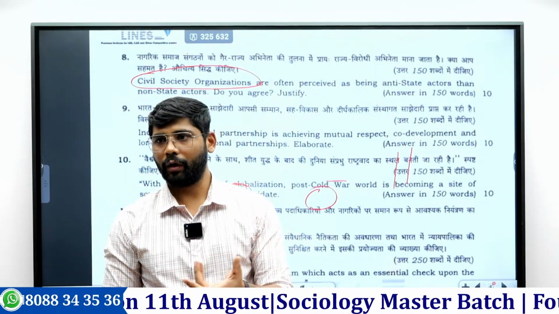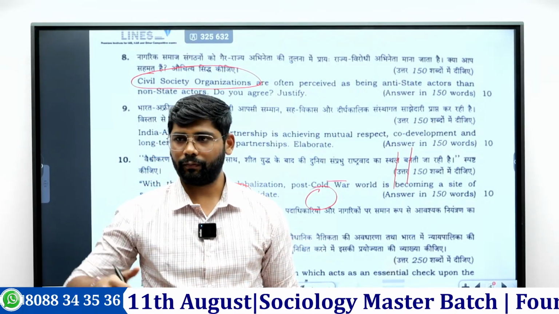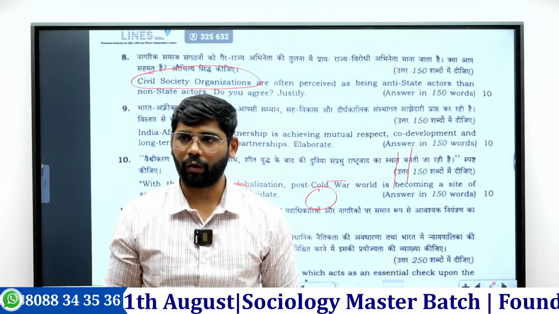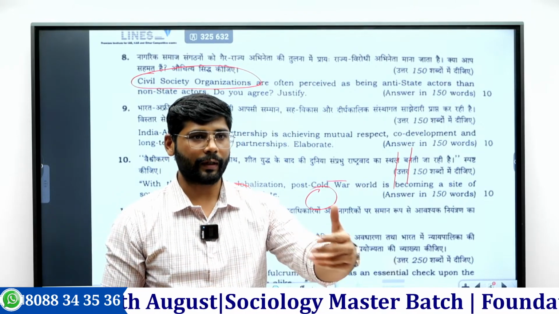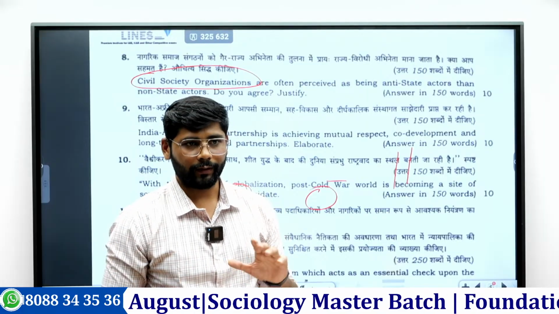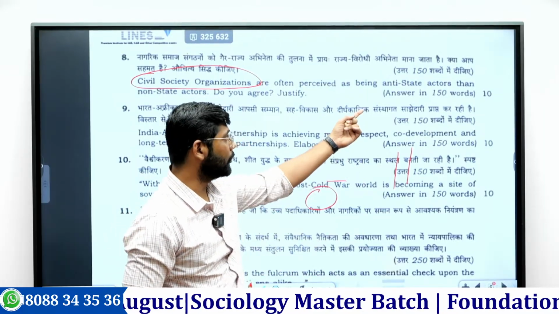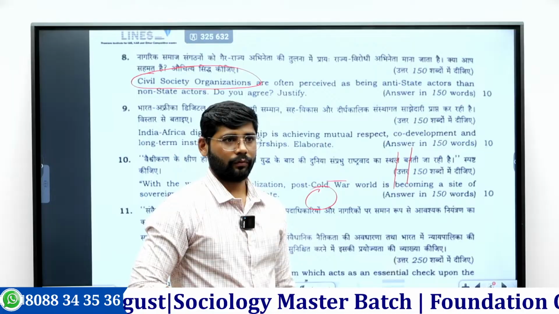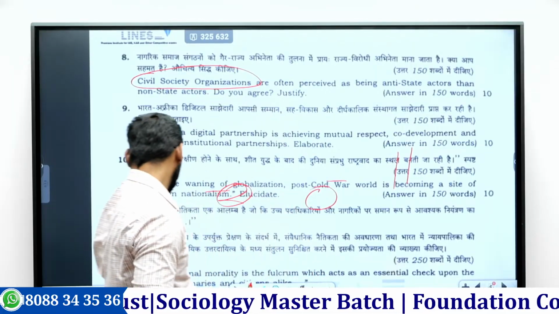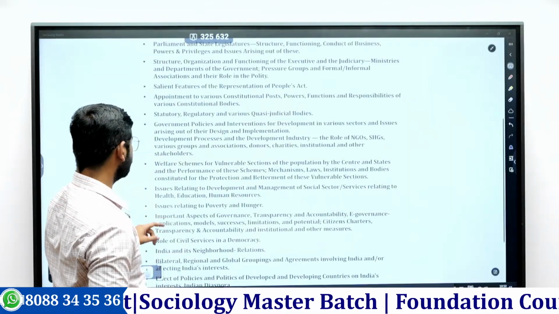To stop development in the country, some other countries will fund environmental organizations in India, so they will start protesting and stop the development. At that time they become anti-state actors. So this aspect is again in the syllabus.